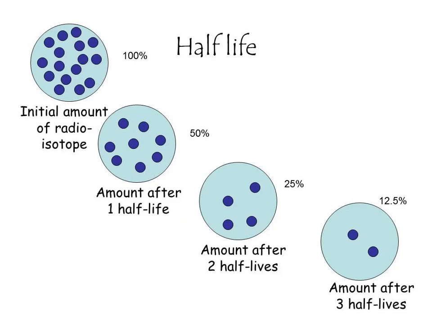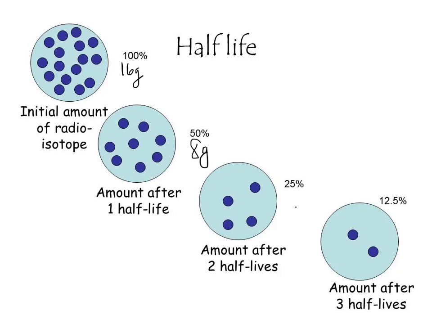So just to give you a visualization, let's say you started with 16 grams. This is your initial mass. After your first half-life, you have lost half, and you're only left with 8 grams, which is 50% of your original amount. Then you go through another half-life, so this is a total of 2 half-lives, and you lost half of the 8 grams.